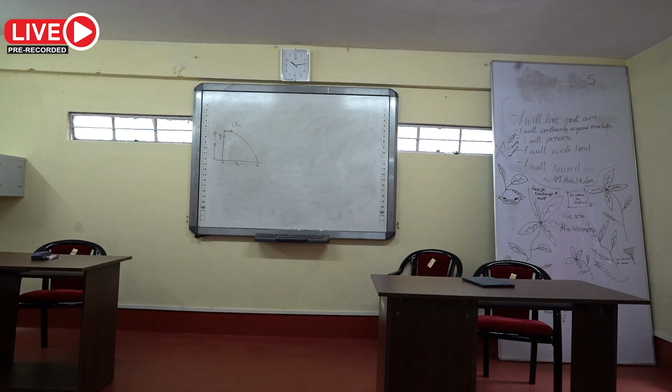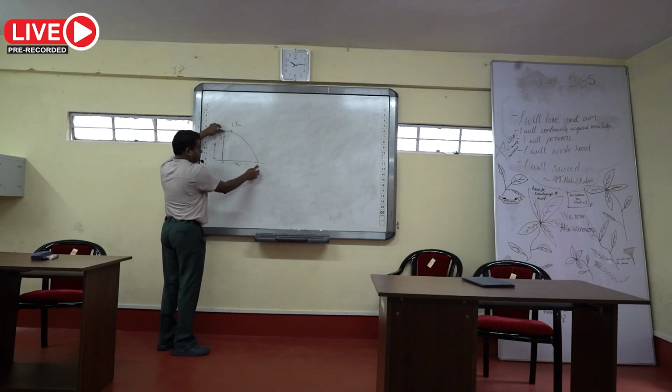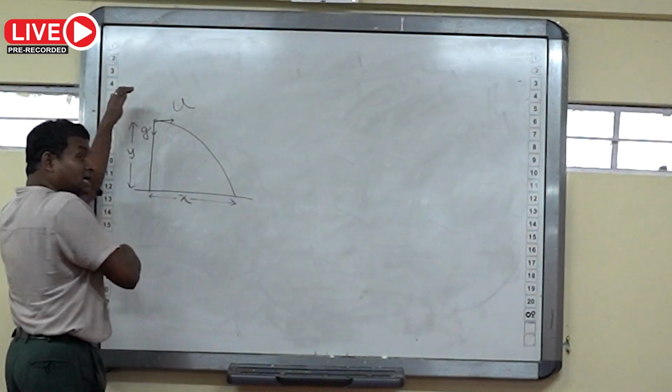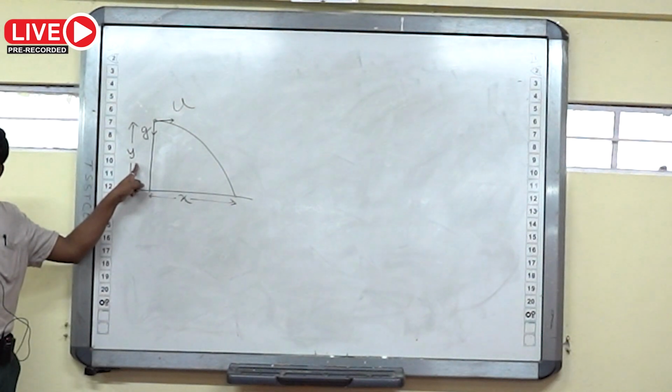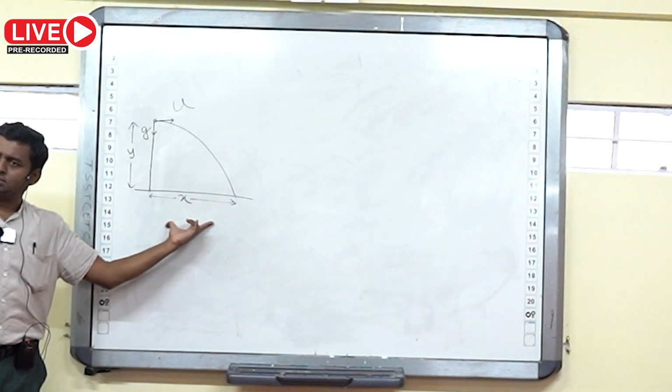If it is going towards the downward direction, it will come to the ground. Then what will be its displacement along the vertical direction? Because actual displacement is this one, from this point to this point. That's a straight line. But what is the vertical displacement? Only this one. And another is horizontal displacement, that is x.